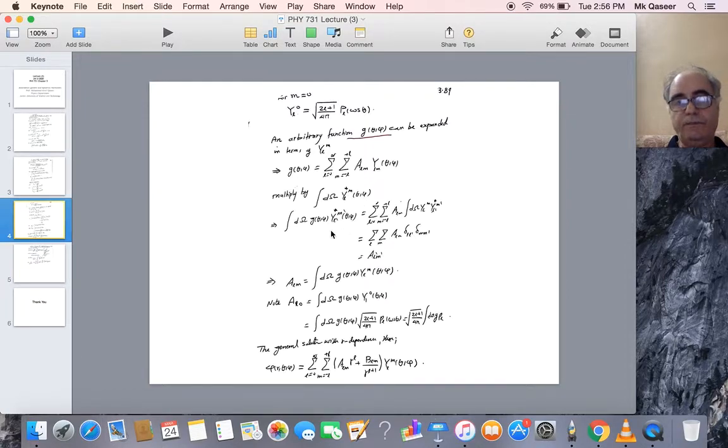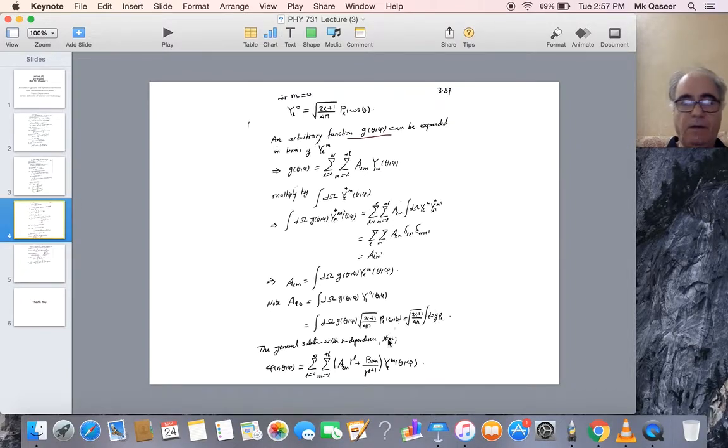Doing so and using the orthonormality conditions, we finally reach a_lm equal to this expression. Now for m equals 0, a special case, a_l0 equals the integral of d omega g of theta times Y_l0 of theta and phi, but Y_l0 is given here in this expression. Now inserting this, we finally have a_l0 equal to the square root of (2l plus 1) over 4 pi times the integral of d omega g P_l.